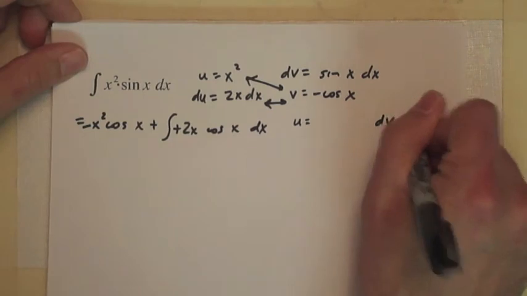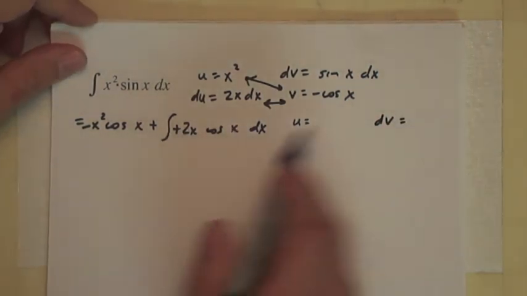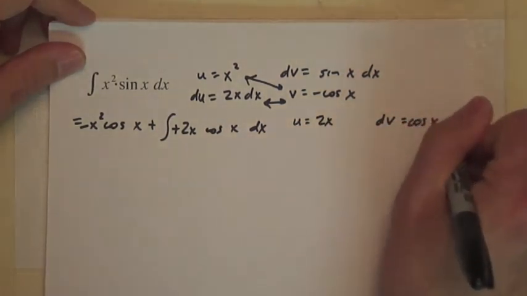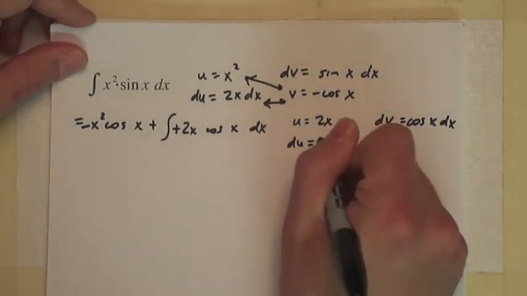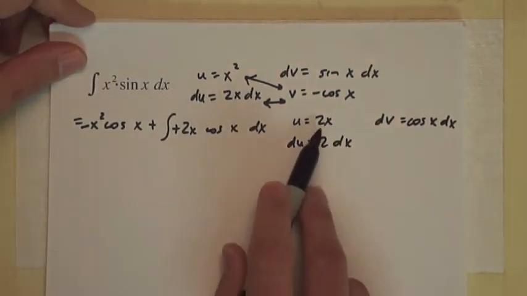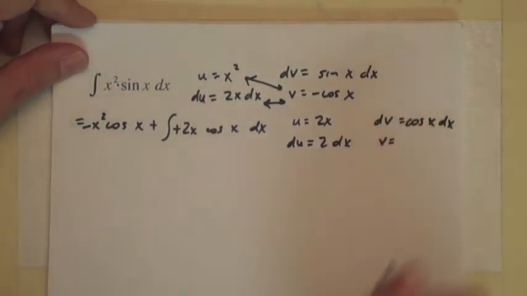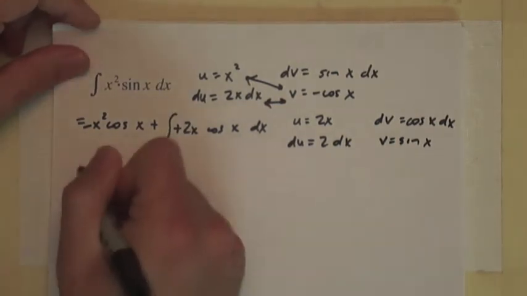I think we did one that was really similar to this a minute ago, but on this integral, if you choose u is 2x and dv is cosine x dx, we get that the derivative of 2x is 2, and the antiderivative of cosine x is sine x.